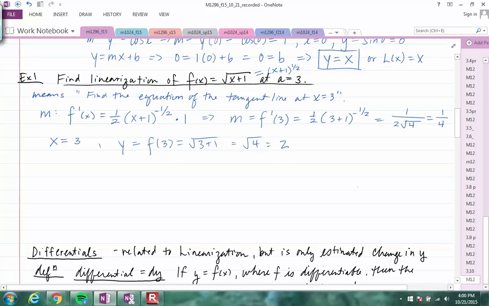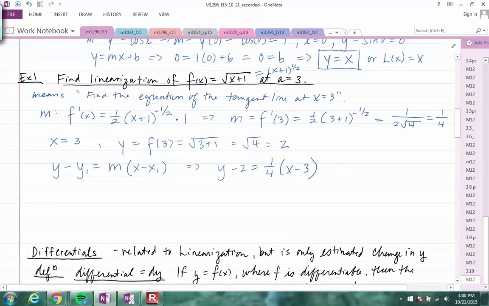So the y coordinate is 2. To spice things up a bit, I'm going to use the point slope form just to model that other version of figuring out the equation of the tangent line. So I'm going to have y minus 2 equals 1/4 (x minus 3).